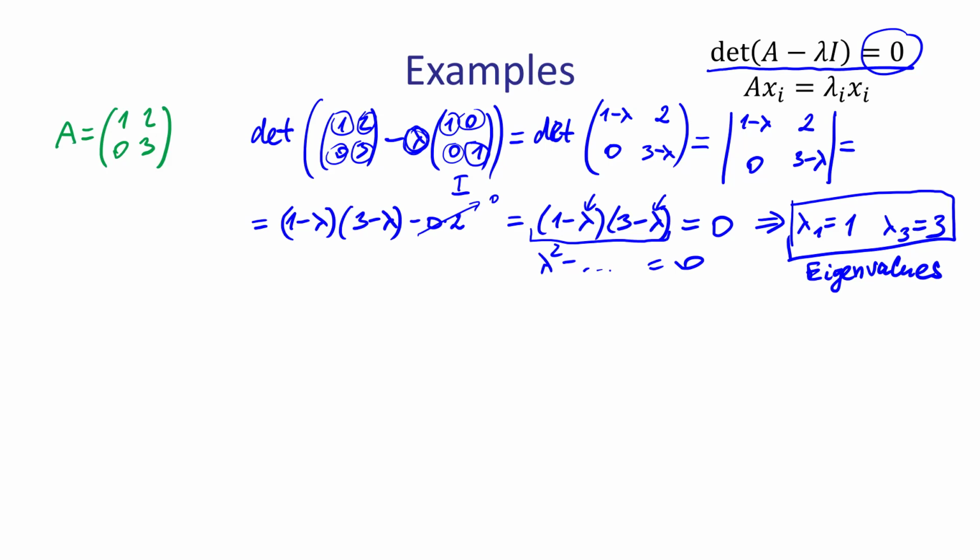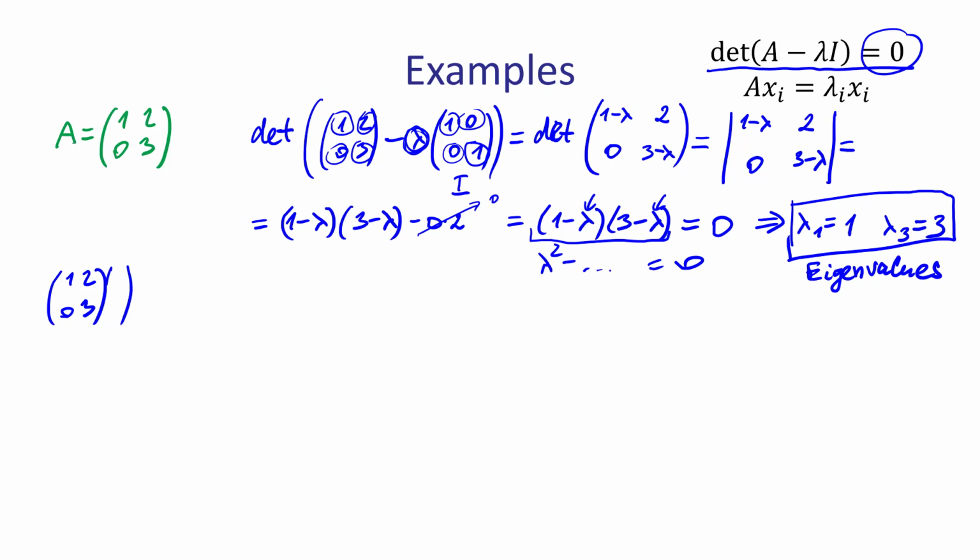Now, how do we find eigenvectors? We need to solve the following system of equations. So it's the matrix 1, 2, 0, 3 multiplied by some vector x. And this vector x, let's say it's xy or alpha beta, whatever.